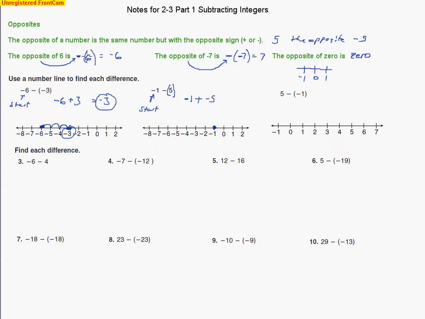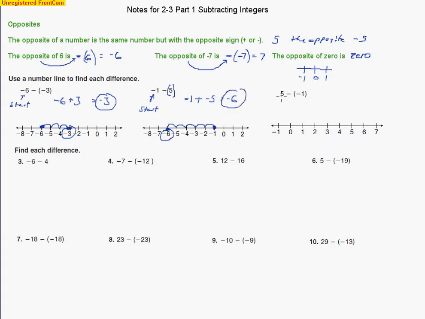Remember, the opposite of 6 was -6, so the opposite of 5 is -5. If I'm taking 5 away, I'm going to add -5. So that's 1, 2, 3, 4, 5. If I start at -1, I take 5 away, I end up at -6, and that is our answer.